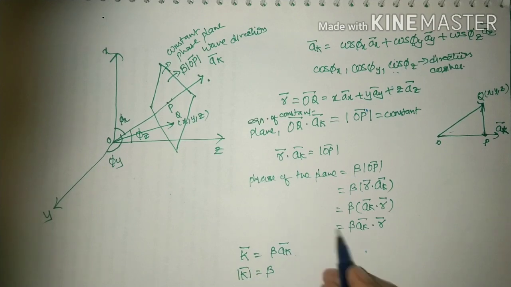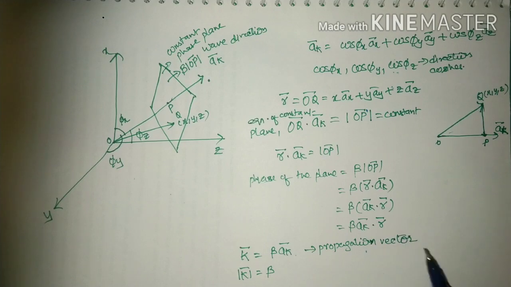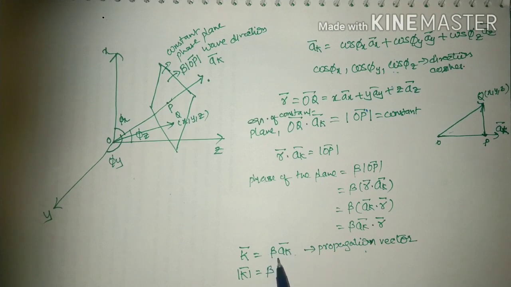So K bar is called the propagation vector. The propagation vector k bar is always directed along the direction of the wave propagation, and its magnitude is equal to the phase constant. The magnitude of k bar is equal to beta.